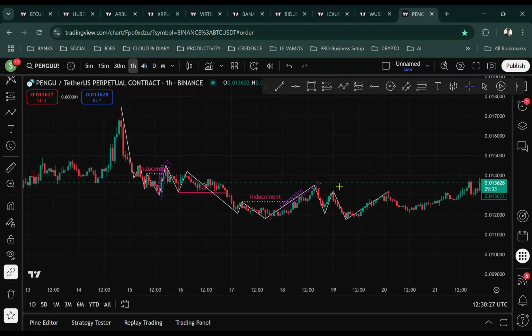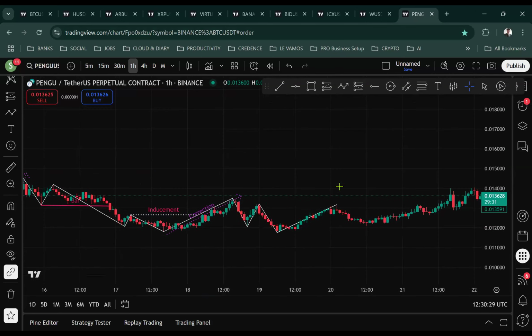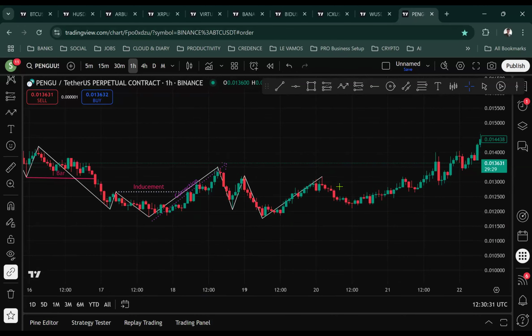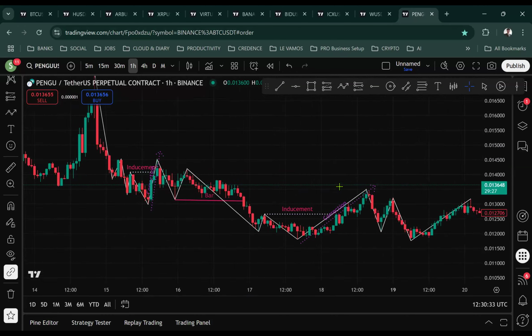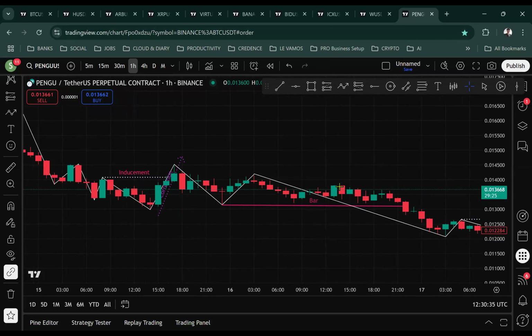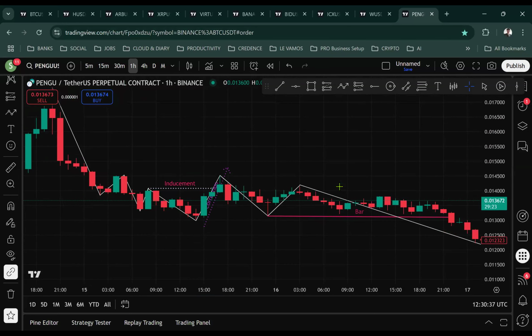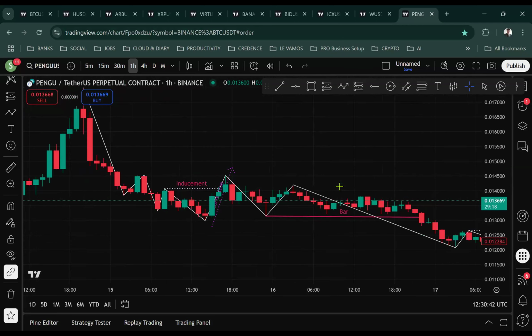So if you check the first correction, right there, that's where another impulse starts. From here another impulse started, exactly.